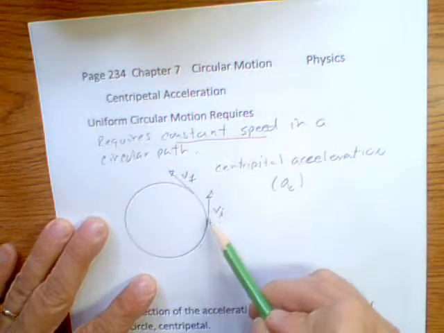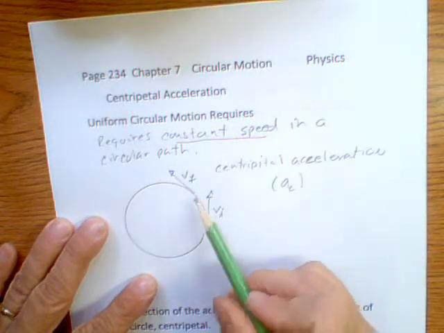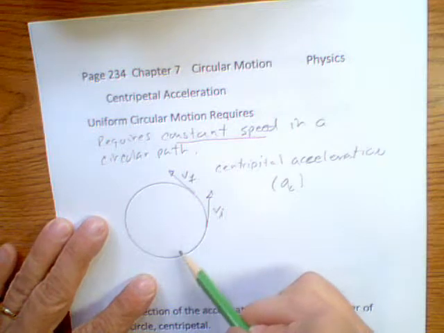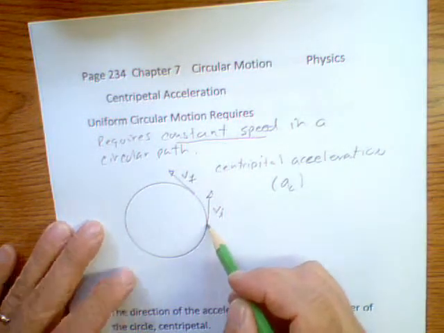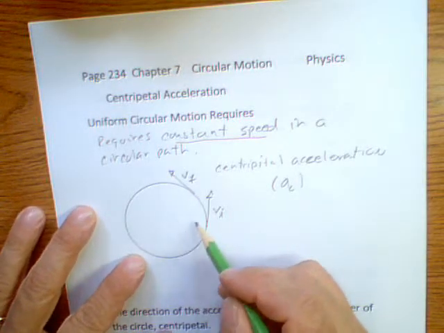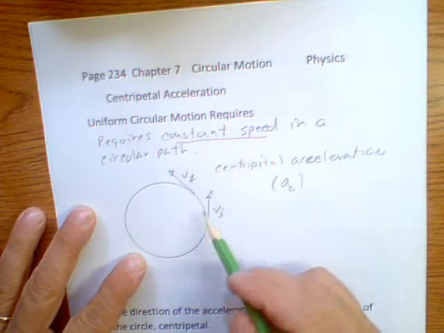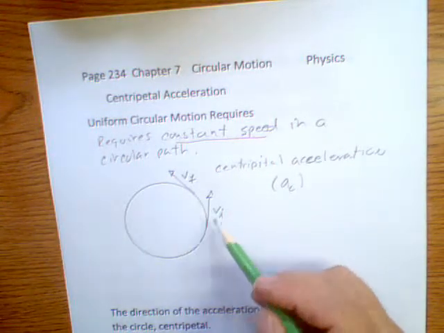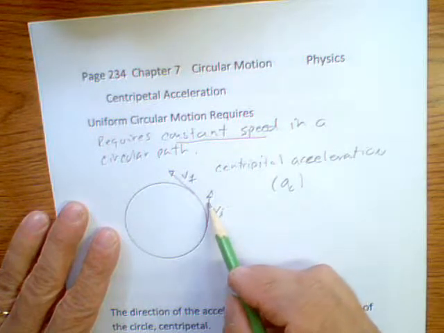So here's initial velocity, here's final velocity, and as you can see, it's tangential to the circle. We know this because as soon as the force drawing it to the center of the circle is released, it goes straight. We've all experienced that.